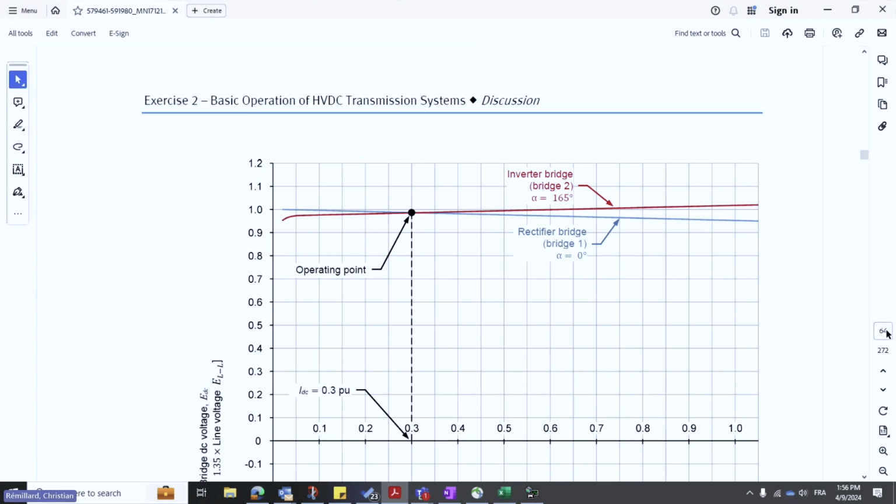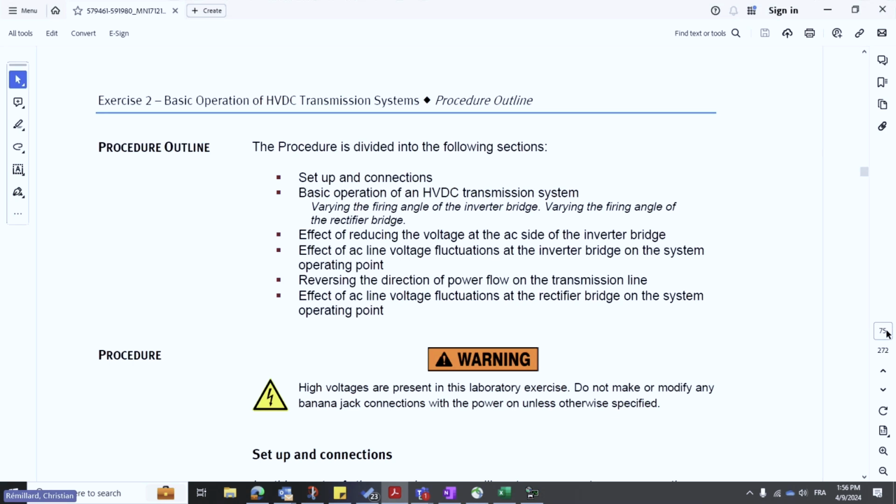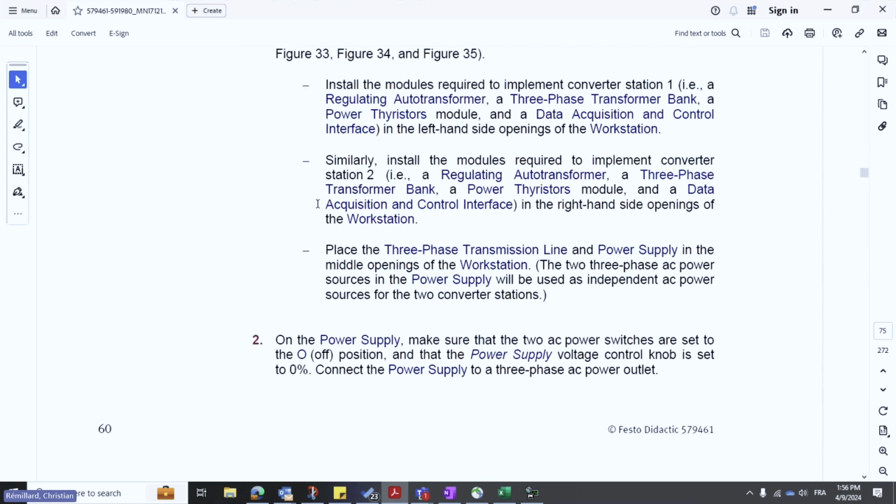I skipped this theoretical portion to jump directly into the procedure that we will do together. As I was telling you, this is only an introduction, so we will only do the first two parts of this exercise, the setup and connections and the basic operation of the HVDC transmission system, just making sure that everything works as planned.